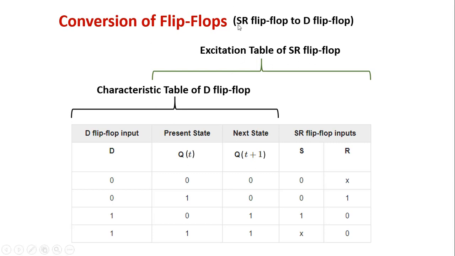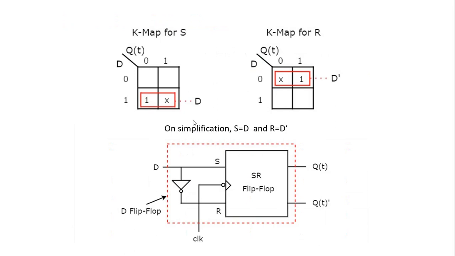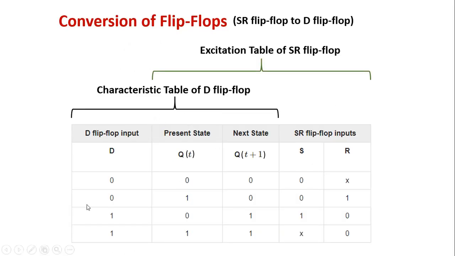You have SR and you have to add this D to it. So you will write the excitation table of the flip flop which you have, and you will add the column to form the characteristic table of the flip flop into which you have to convert. This way you will find S in terms of D and Q.